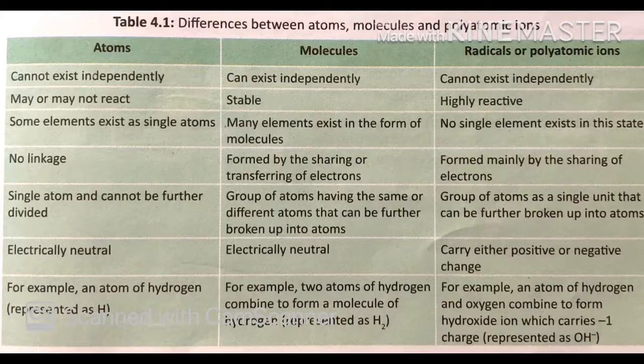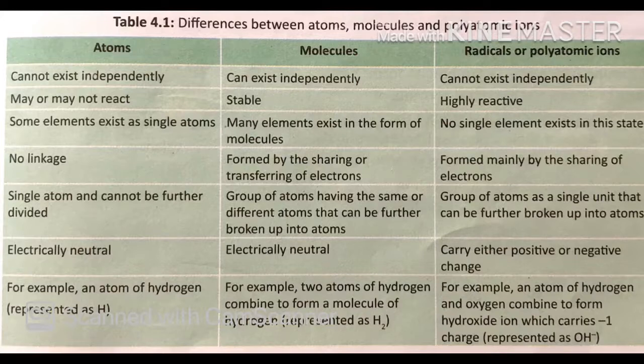In atoms there is no linkage, meaning no bond formation, and in molecules there is formation of a bond, like sharing or transferring of electrons. Like in the case of NaCl, one atom loses its electron and the other gains that electron and they form a bond. Radicals are formed by the sharing of electrons.